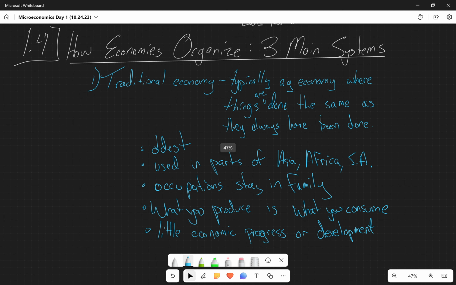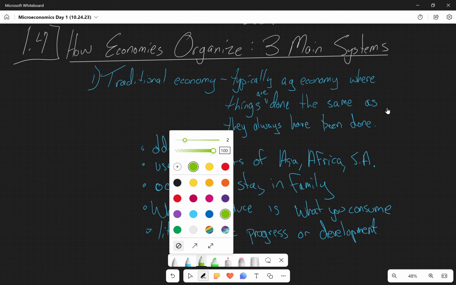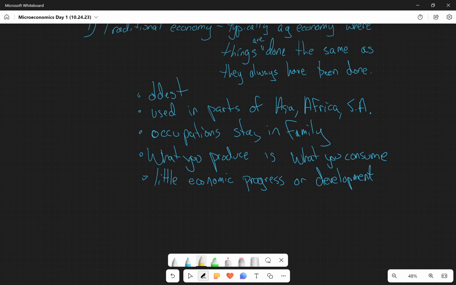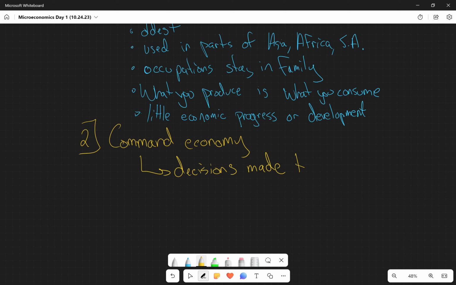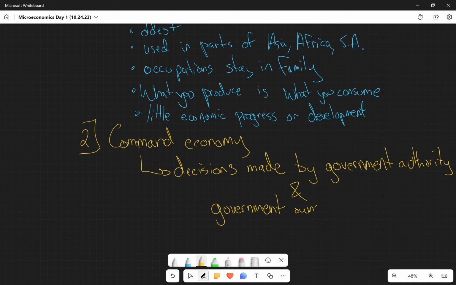The second system that we've seen is what we're going to call the command economy. A command economy is where all of the decisions are made and passed down by a government authority, and the other part of this is that the government owns all the resources.